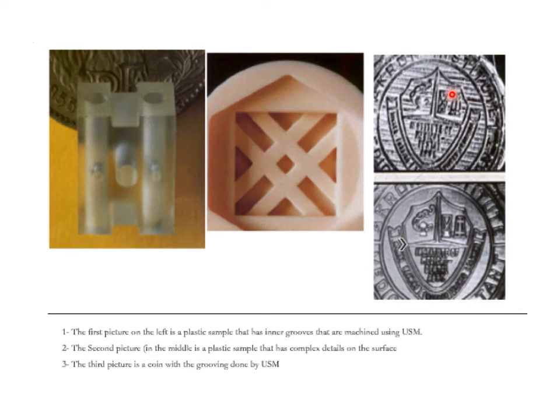This is a metal coin, one of the foreign currency coins, and you can see this embossing and grooving of complex nature is done by ultrasonic machining. So these are the applications. Ultrasonic machining can be used for metallic and non-metallic materials, so as far as material is concerned, there is no limitation.